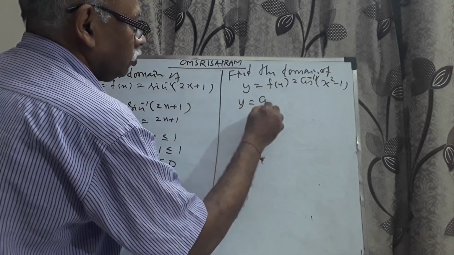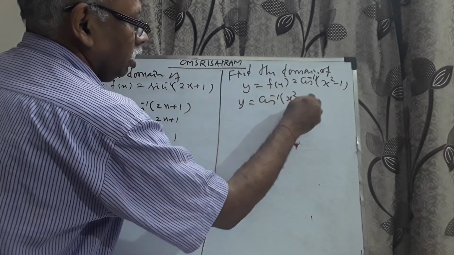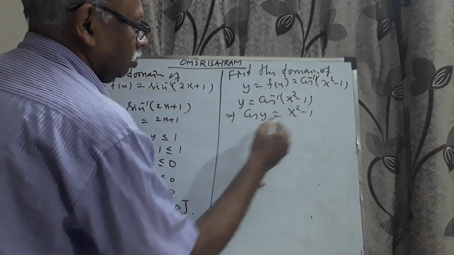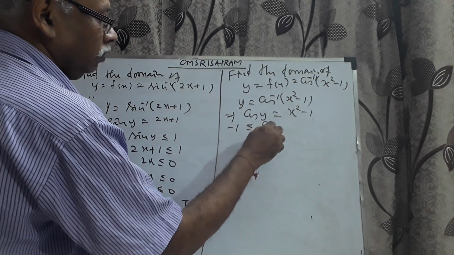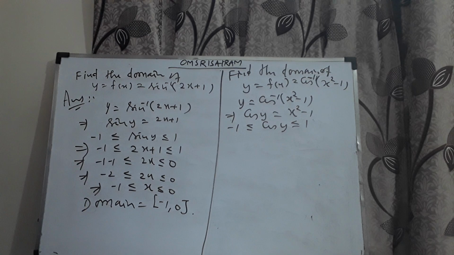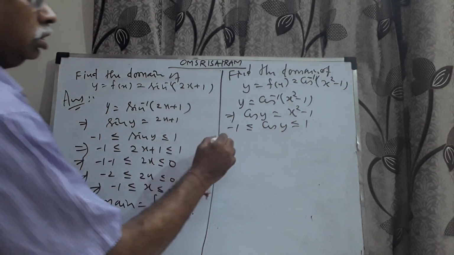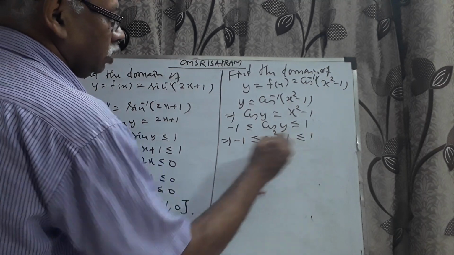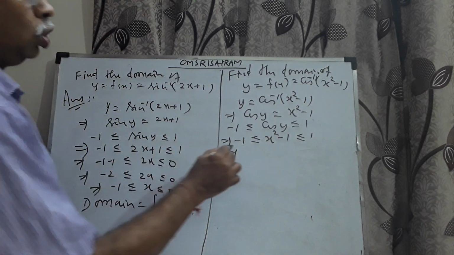Now y is equal to cos inverse of x square minus 1 will imply cos y is equal to x square minus 1. You know very well the maximum value taken by cosine curve is 1. Minimum value taken by cosine curve is minus 1, which will imply minus 1 less than or equal to x square minus 1 less than or equal to 1. Let me add 1 throughout.